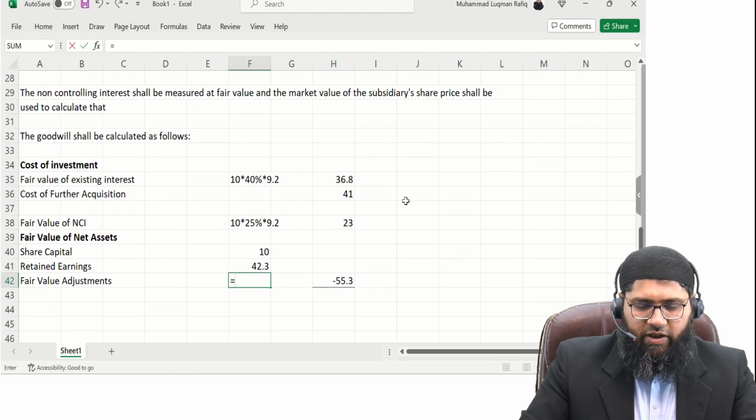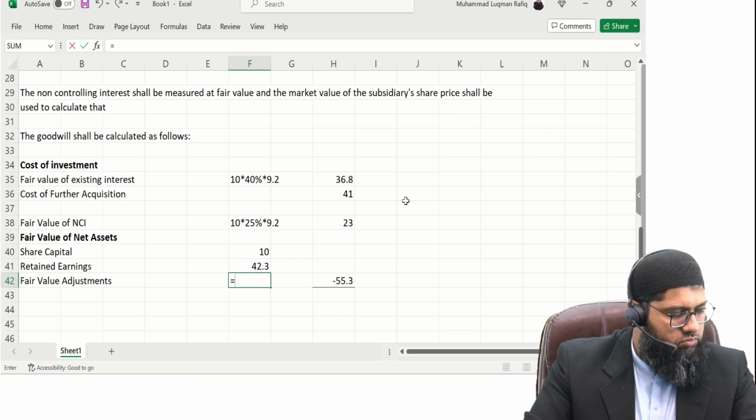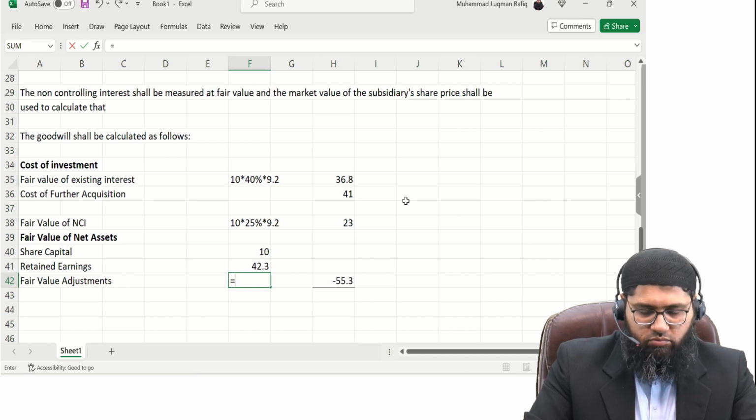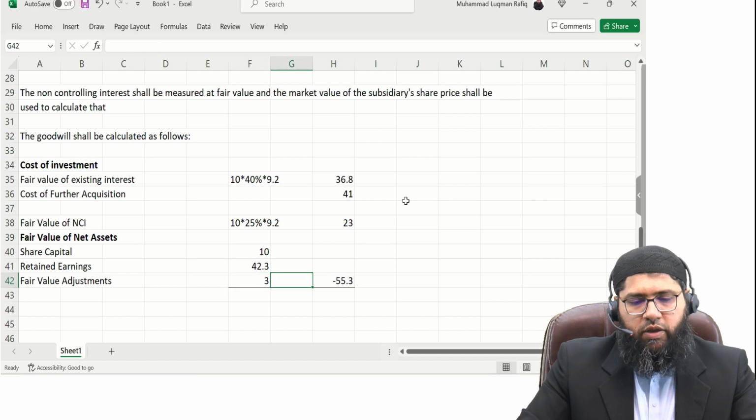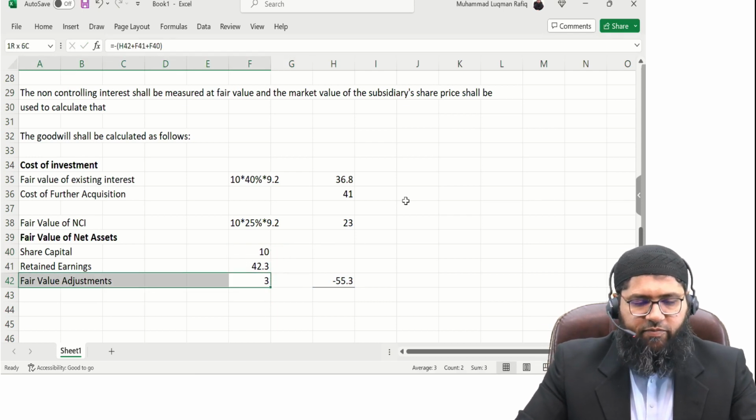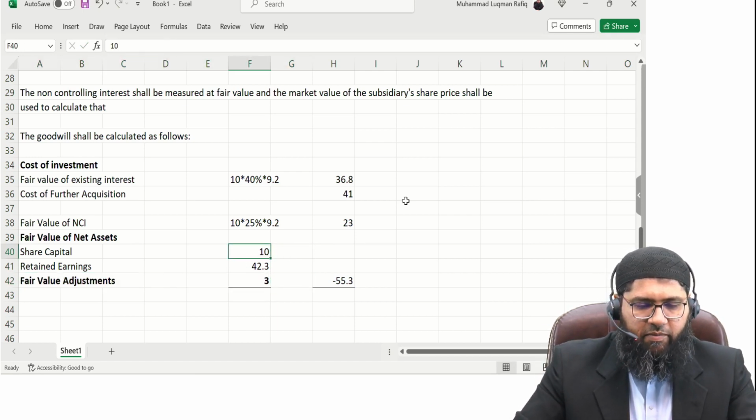So this is actually going to be 3 million as the fair value adjustment. Now you would say, how did you establish this 3 million?